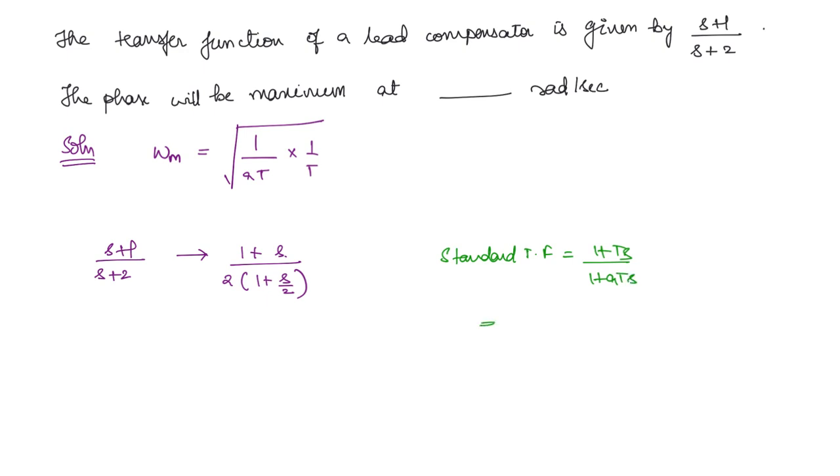So from here you can see that T is equal to 1 and a is equal to 1 by 2. Okay. So we can get omega m is equal to root over 1 by 2 into 1. So this is going to give you root 2 radian per second.